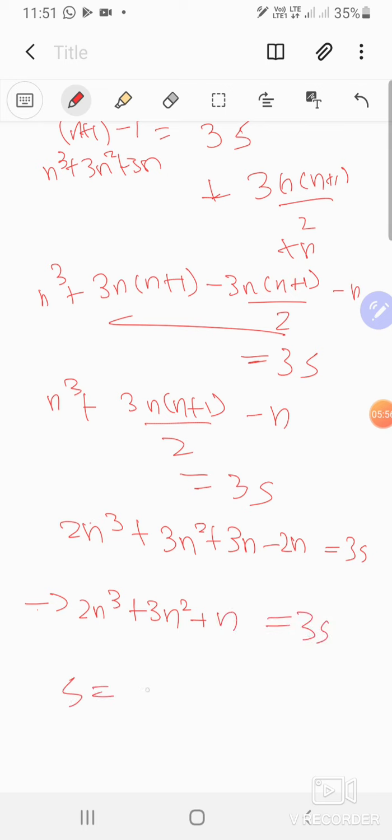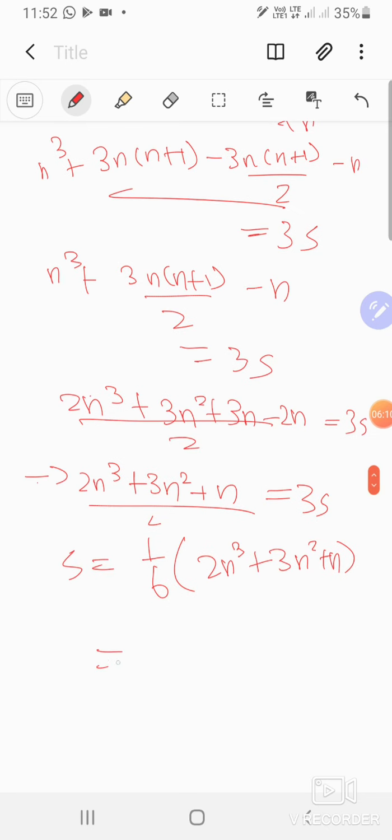So s equals 1/3 of, wait, you got that upon 2 as well, so 1/6 basically, 1/6 of 2n cubed plus 3n squared plus n, which can be factorized into n by 6 of 2n squared plus 3n plus 1.